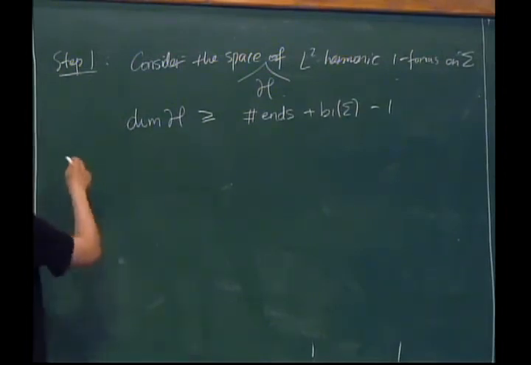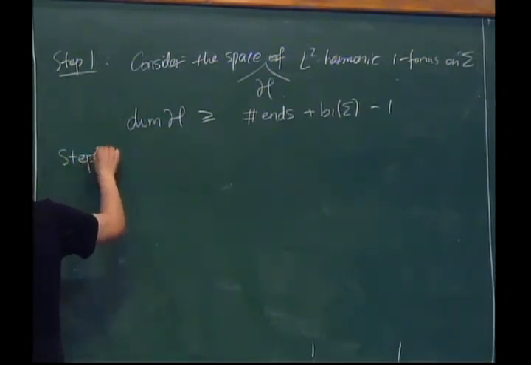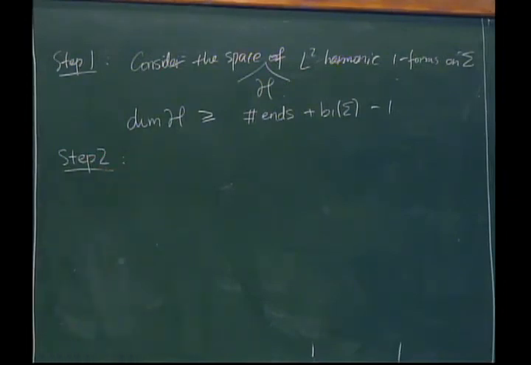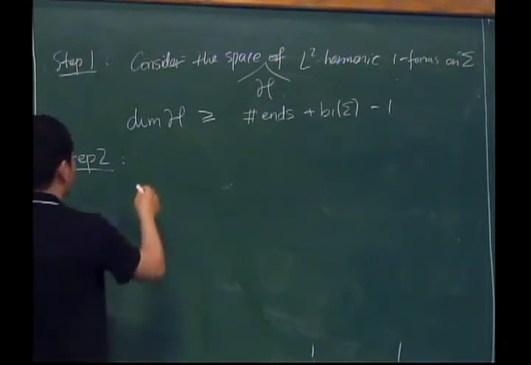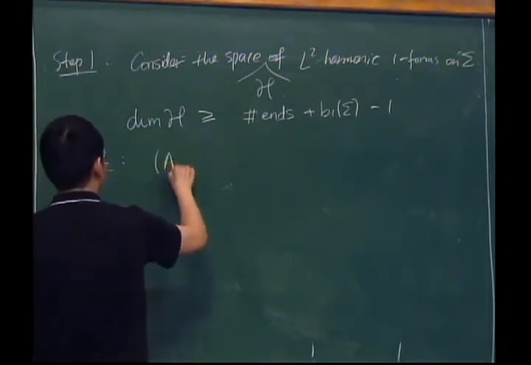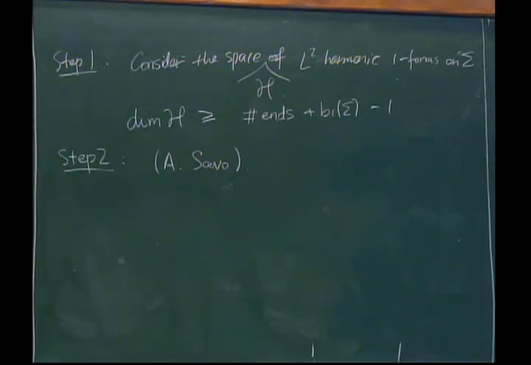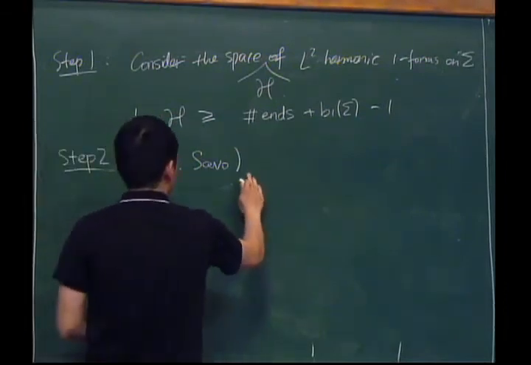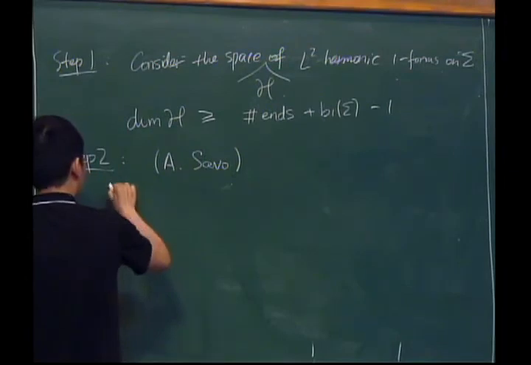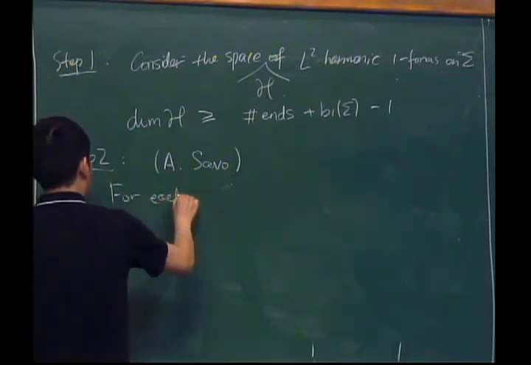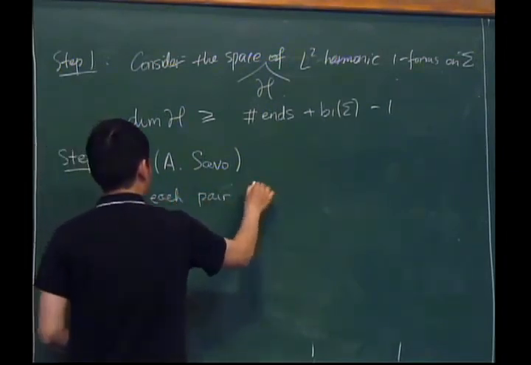Once we have this, we're going to use a sort of miraculous formula, suggested actually by Alessandro Carlotto. We consider such test functions for each pair of integers i, j.